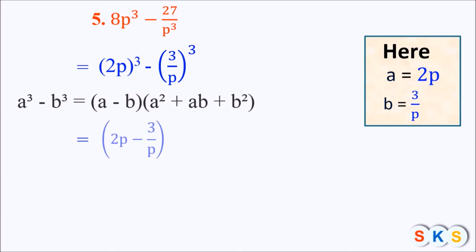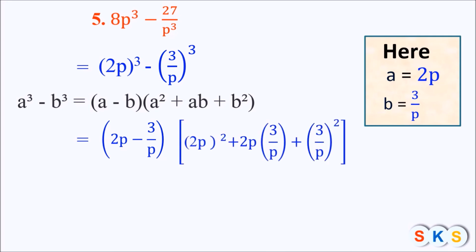We will get here 2p minus 3 upon p, and in the second bracket we will get 2p the whole square plus 2p into 3 upon p plus 3 upon p the whole square. At the place of a we have to write 2p, at the place of b we have to write 3 upon p. After substituting the values of a and b in this formula, we will simplify it further.